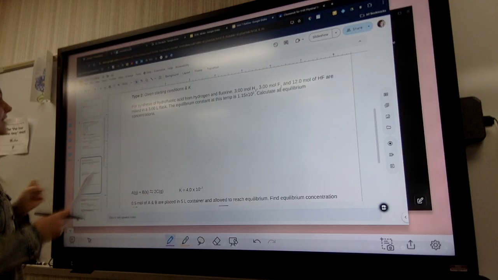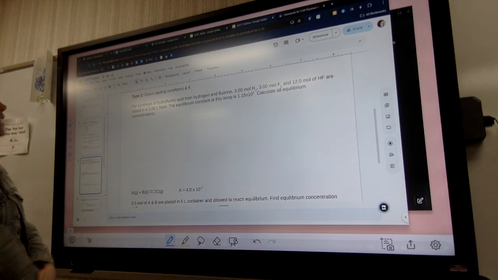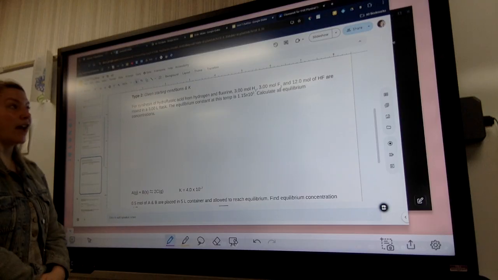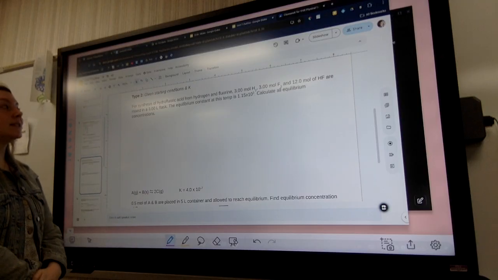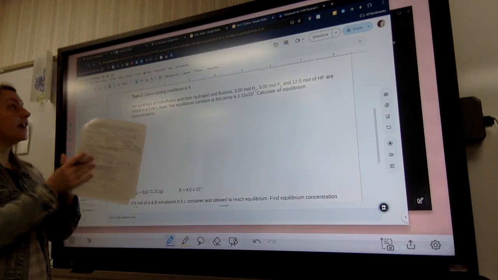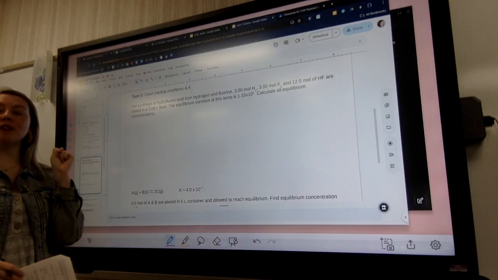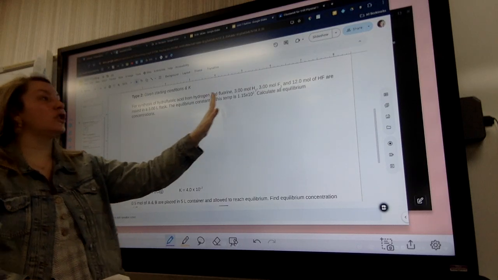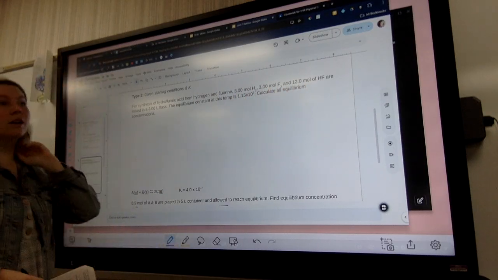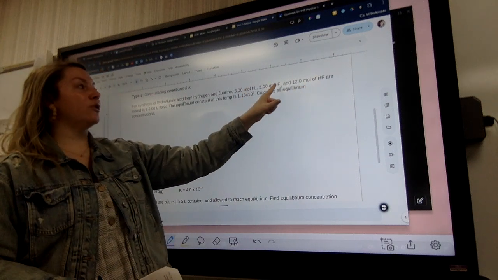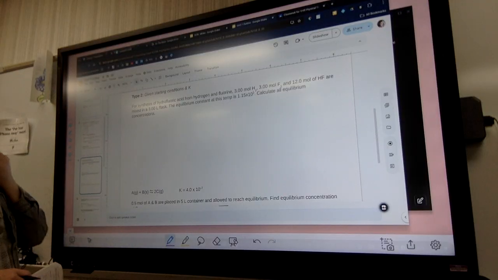Okay, so it says, for the synthesis of hydrofluoric acid from hydrogen and fluorine. Now, synthesis means we're coming together, right? We're making hydrofluoric acid. If you don't know the chemical formula of hydrofluoric acid, if you look further in your question, it tells you HF, because hydrogen and fluorine are the H2 and F2 respectively.